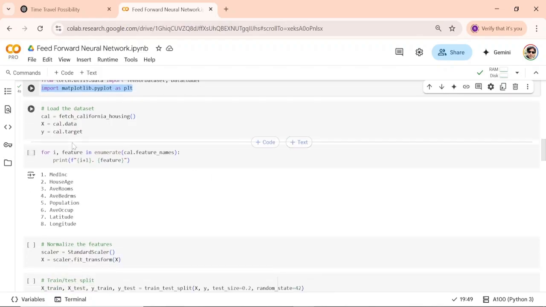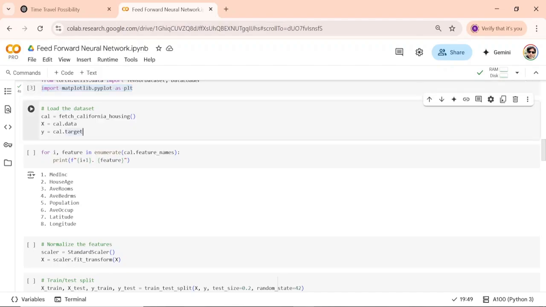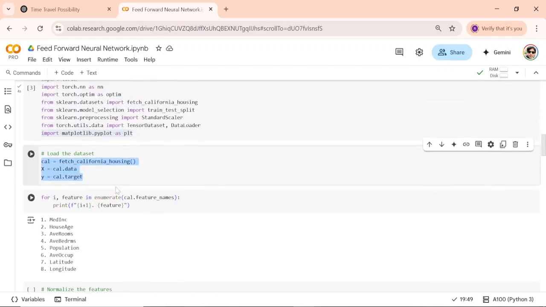The first step you need to do as part of the process is loading the data set. Either you are using custom data or any pre-built data. There are many data sets available on the internet which you can use to train your model. So I loaded the pre-built California housing data set, and as the next step, the data set has features and predictions.